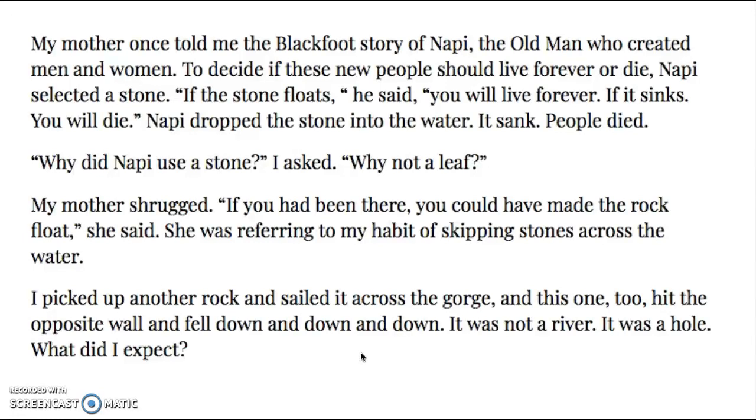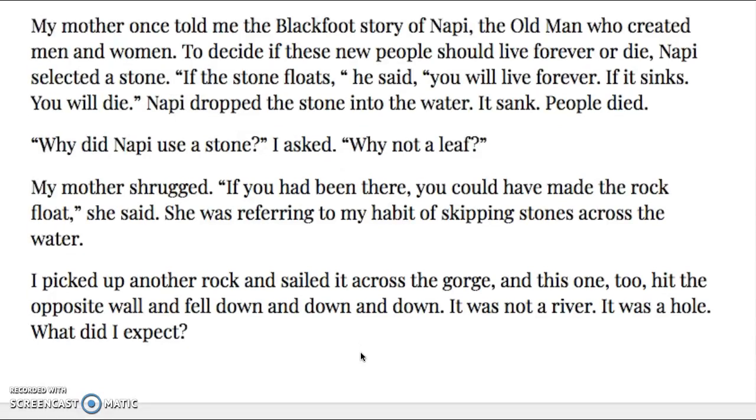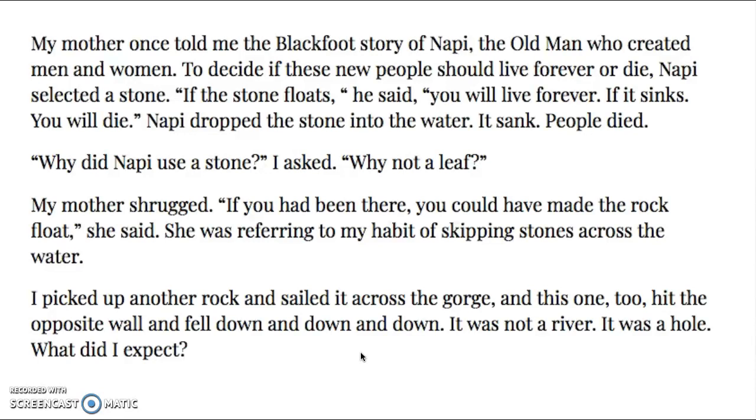People died. Why did Napi use a stone, I asked. Why not a leaf? My mother shrugged. If you had been there, you could have made the rock float, she said. She was referring to my habit of skipping stones across the water. I picked up another rock, and it sailed across the gorge, and this one, too, hit the opposite wall and fell down and down and down. It was not a river. It was a hole. What did I expect?